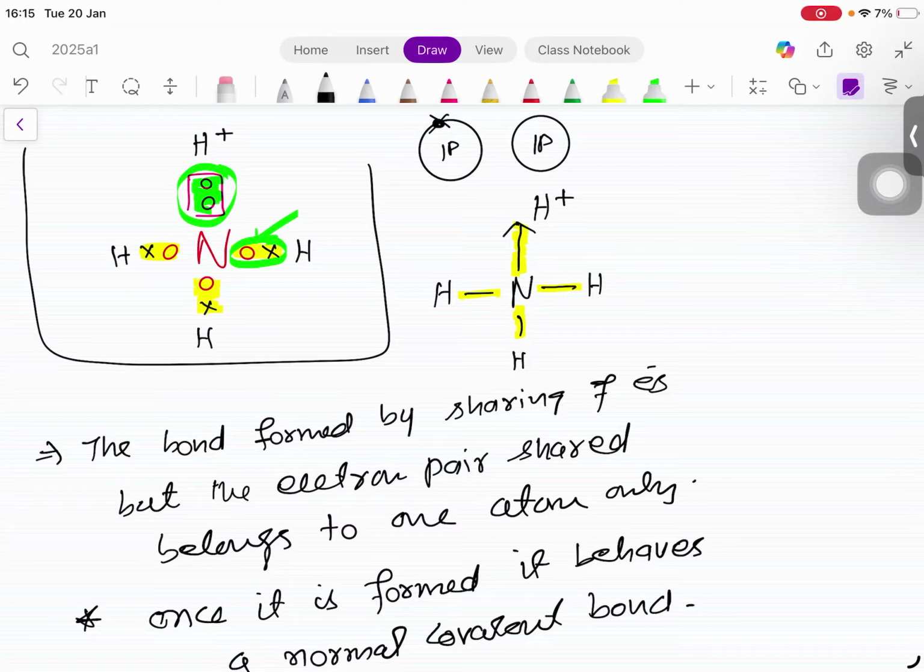Now look at this, number 2, the oxonium ion. Just put a bracket around the ammonium ion.